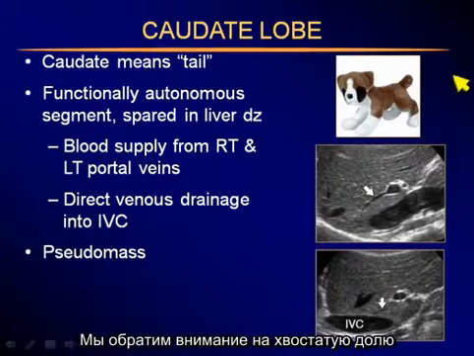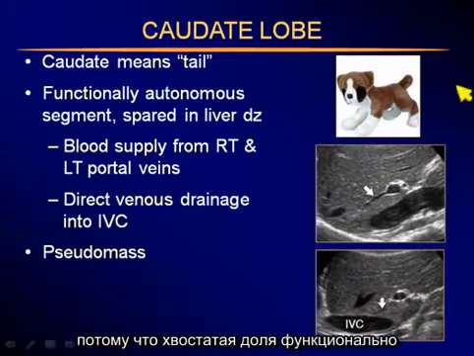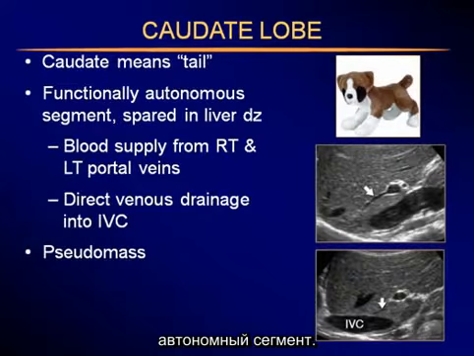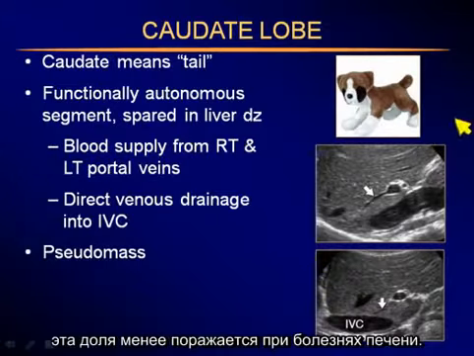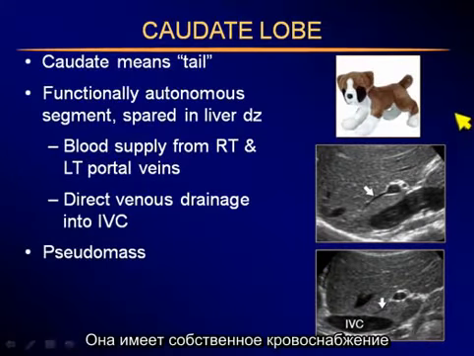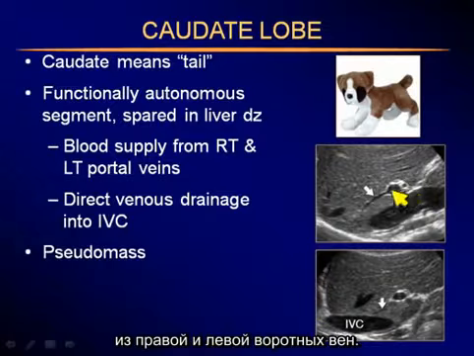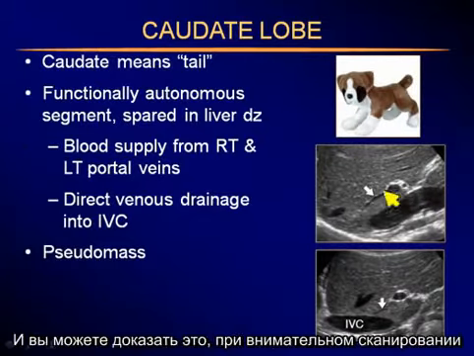Now we pay attention to the caudate lobe because the caudate lobe is functionally an autonomous segment. And it has often been said that it is spared in liver disease. It has its own blood supply. It takes blood supply from the right and the left portal veins. And you can prove this to yourself if you carefully scan.